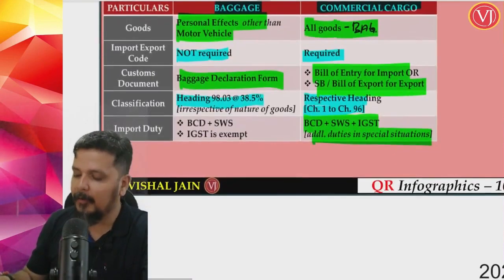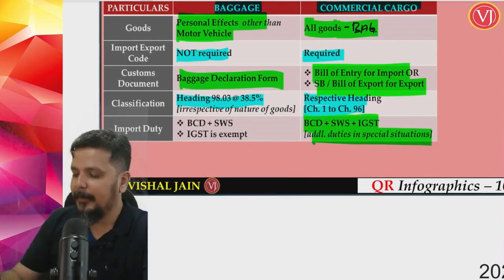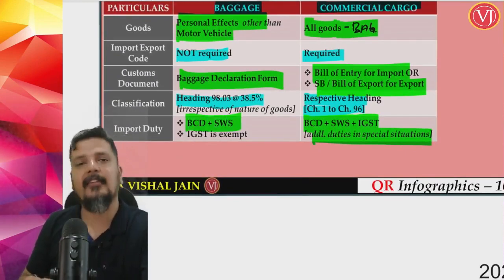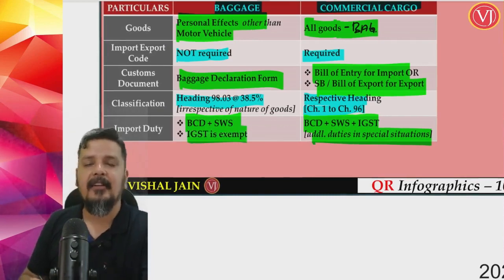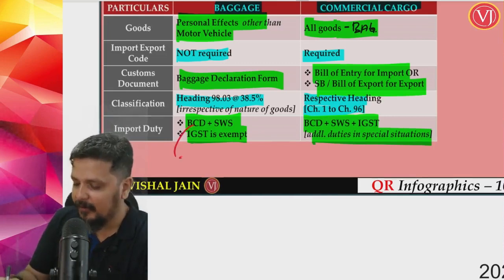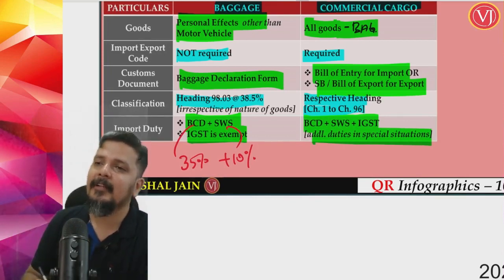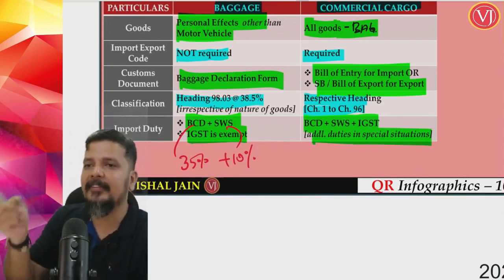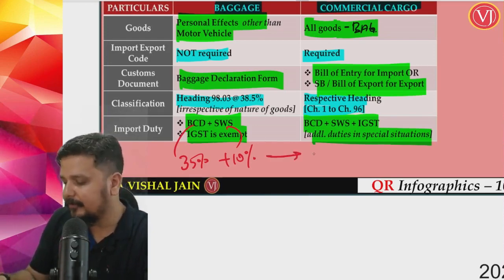But when you talk about your baggage, you'll be paying only and only BCD and SWS. IGST is exempt. What is the BCD rate under 9803? 35%. What is the social welfare surcharge charged on BCD? SWS will be charged on BCD at 10%. Net effect, what will be the rate? 38.5%.